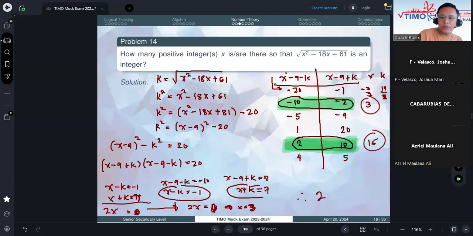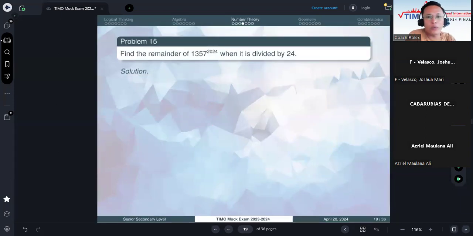So for number 15, 1357 to the power 2024 is divided by 24. So the easiest or the basic thing that you are going to do here is to first find the remainder of 1357 when divided by 24.